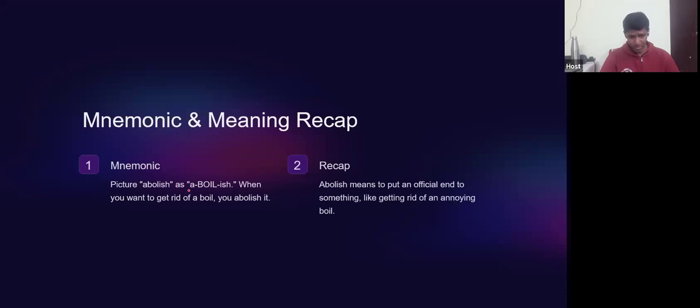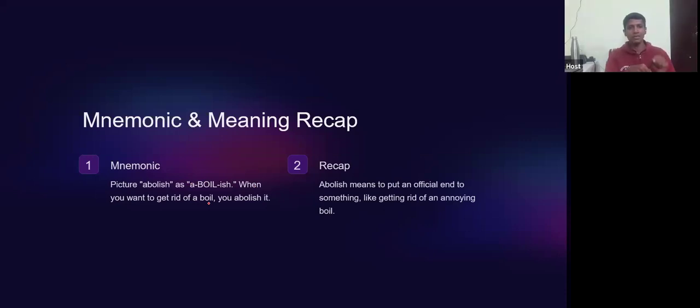When we break the word as boil-ish, it is about getting rid of a boil. What is a boil? It's like a blister. When someone gets a fire accident, what do they get on their skin? They get a boil, right?